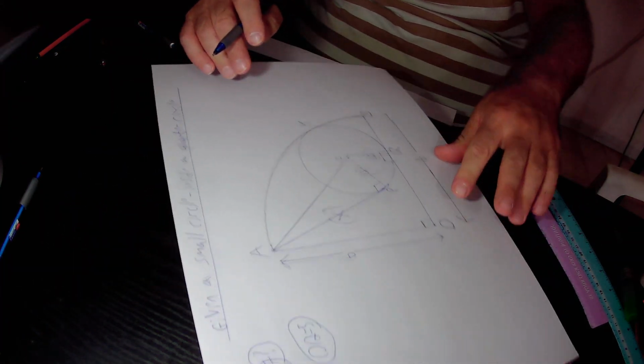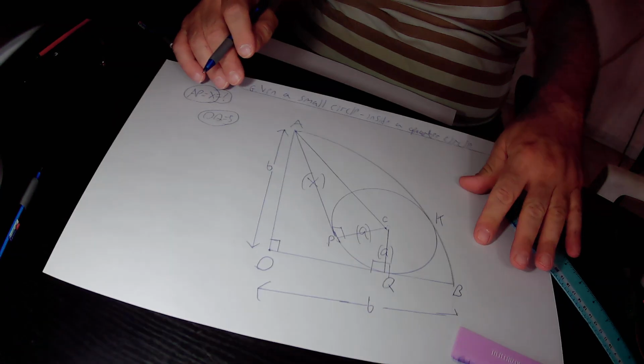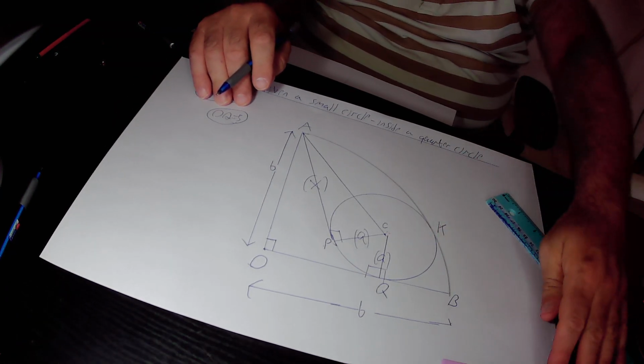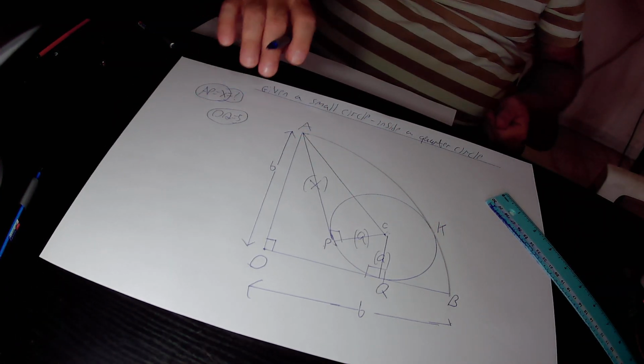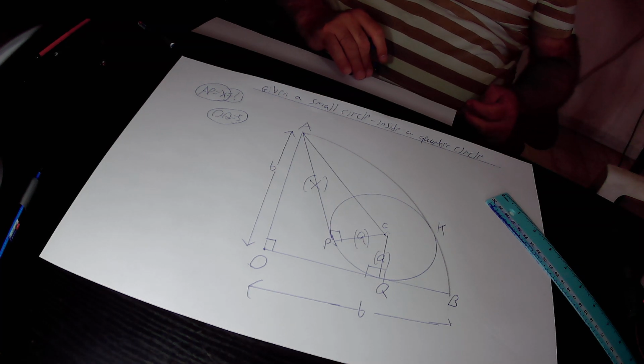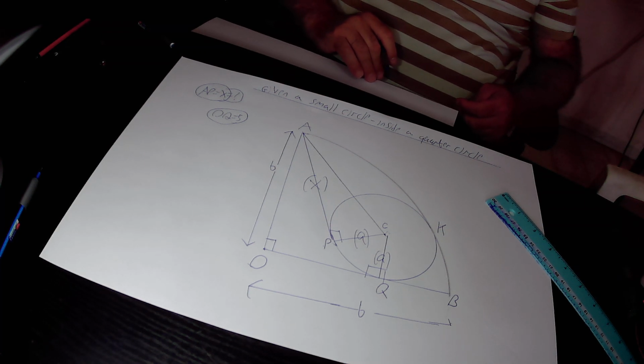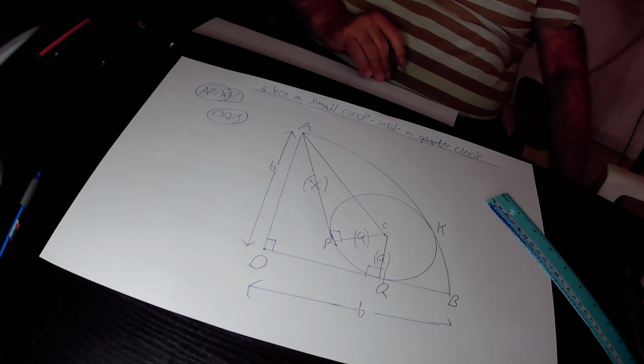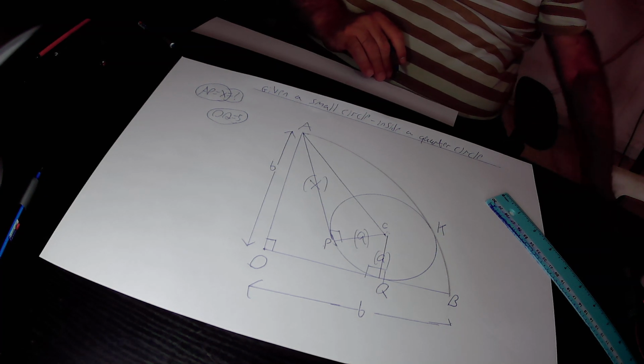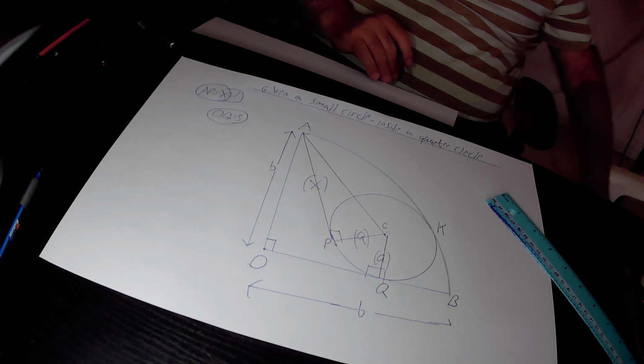Because we have an internal touching between the small circle and the big quarter circle, whenever you have an internal touching between two circles or semicircles, you can implement rule 9. So I'll take rule 9.